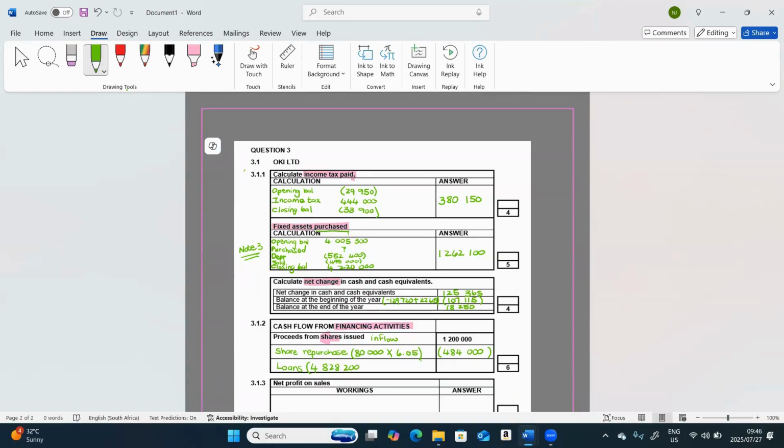That's our closing balance. From that, we will subtract our opening balance of 4.2 million Rand. Once again, the opening balance is less than our closing balance. That means we had borrowed more money. It means it's an inflow. And the difference is then 600,000. It's going to be a positive. It's an inflow.